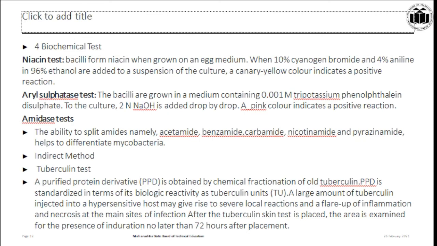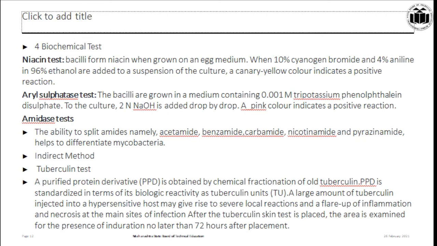If you observe a canary yellow color, it indicates that the organism is Mycobacterium tuberculosis. If such a thing does not happen in the niacin test, it indicates that the given sample is not, or the person is not suffering from Mycobacterium tuberculosis.